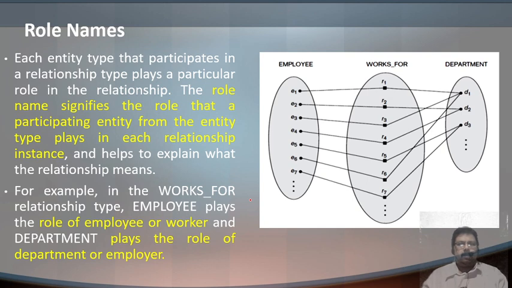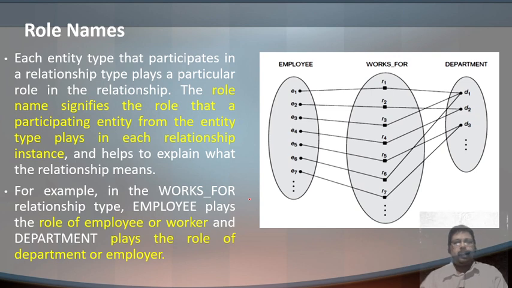Now let us discuss role name. Each entity participates in a relationship type, and it is playing a particular role. The role name specifies what type of role it is creating between two entities or within the entity.